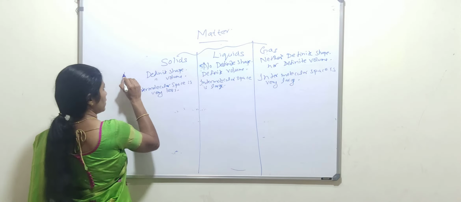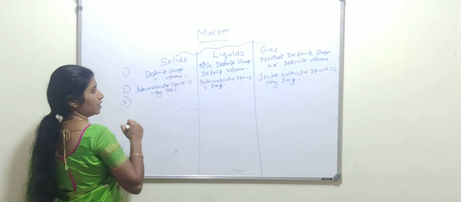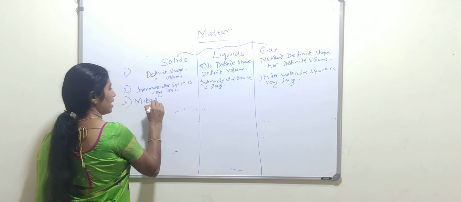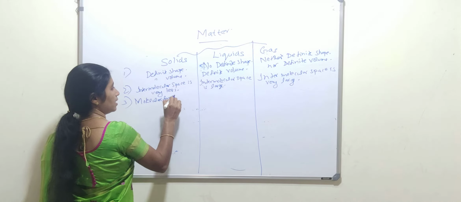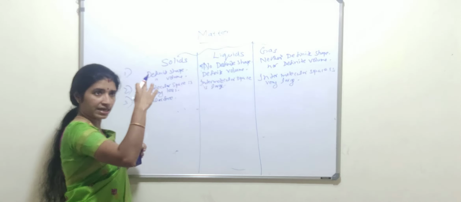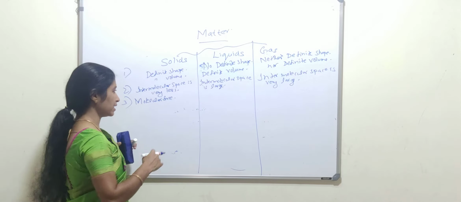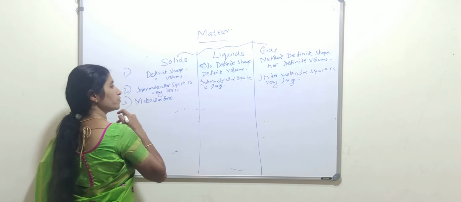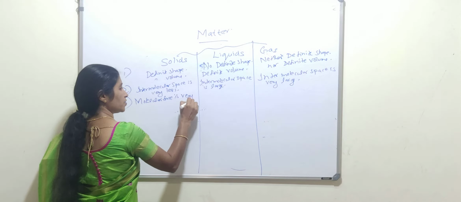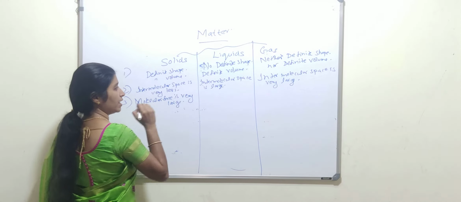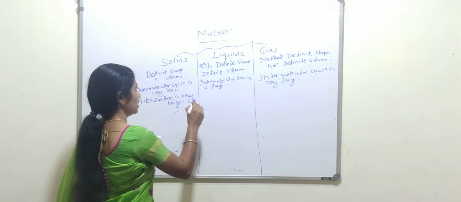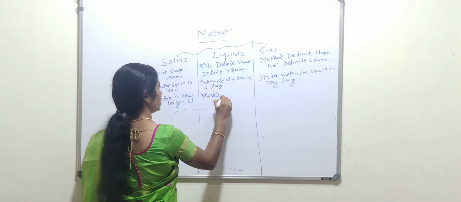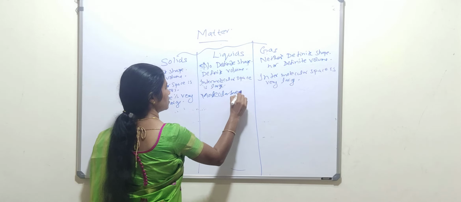Okay, the third part is intermolecular force, that is force of attraction. As I said, as the space increases, this force of attraction decreases. In case of solids, the space is very small, so the intermolecular force of attraction is very large. In case of liquids, it is small.